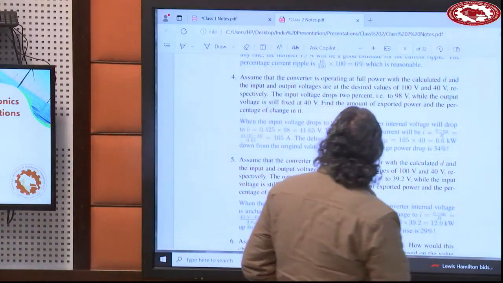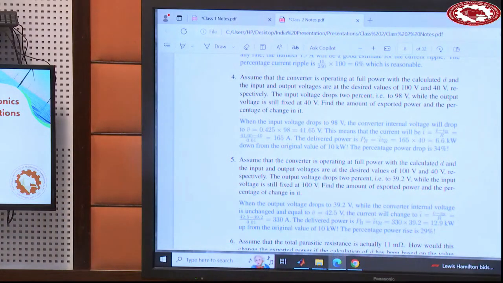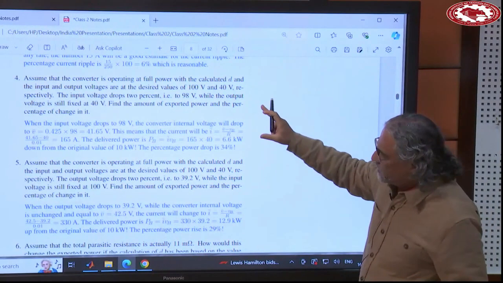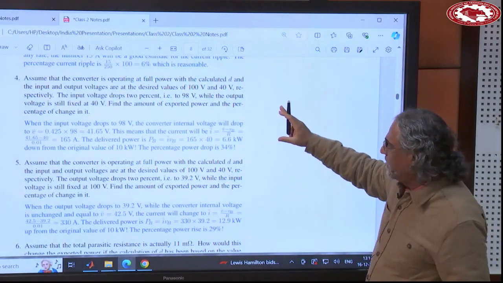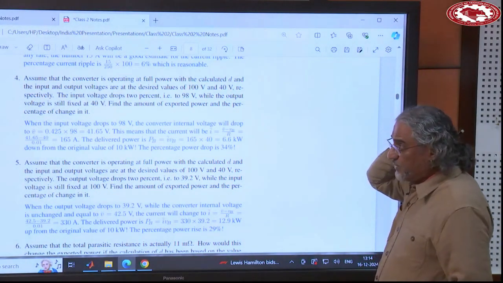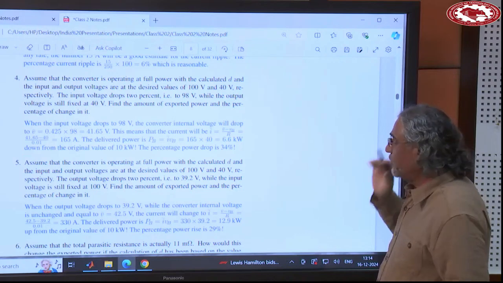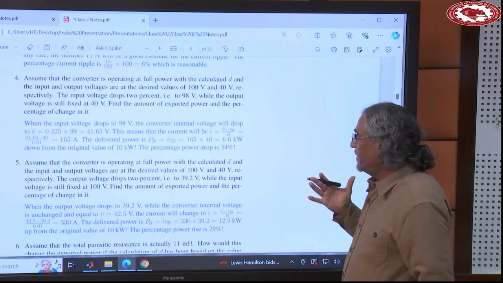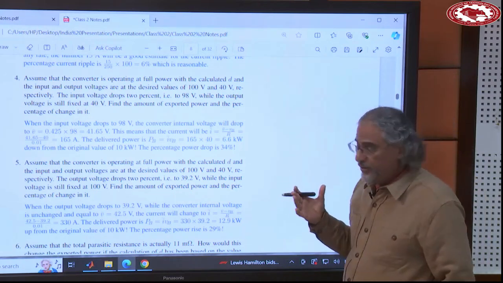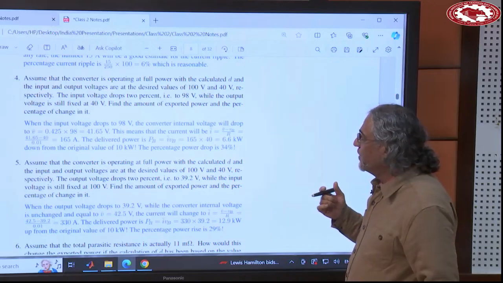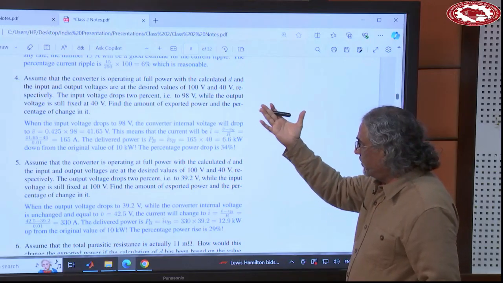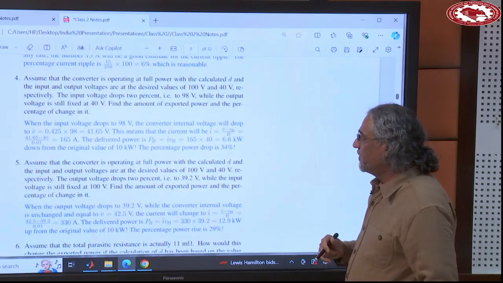Assume that the converter is operating at full load. And this is a good item. We are going back to that problem that I referred to, 0.4, 0.425. You will see what is the consequence of that problem. Assume that the converter is operating at full load with the calculated D, which is 0.4, with the voltages of 100 volts and 40 volts.